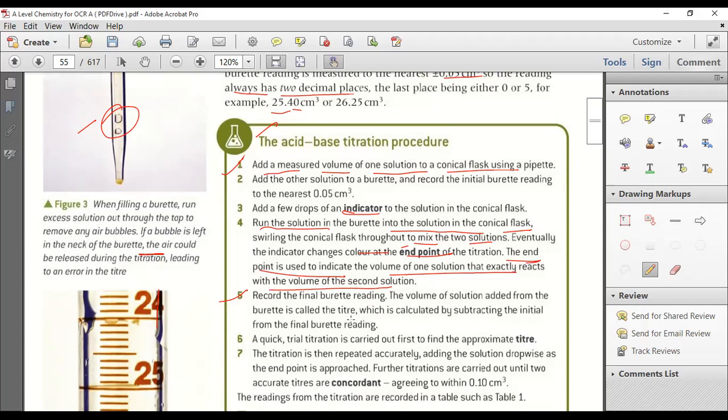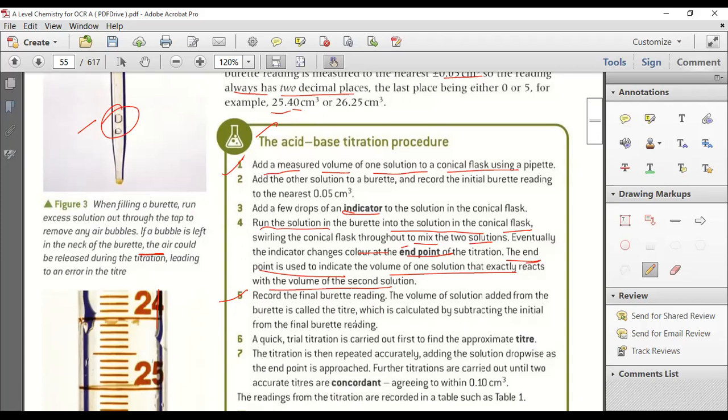Now a quick trial titration is carried out first to find out the approximate titrate. Sometimes we do a first, quick titration, and in this we simply try to find out what amount of solution will be required to titrate against that particular unknown solution.